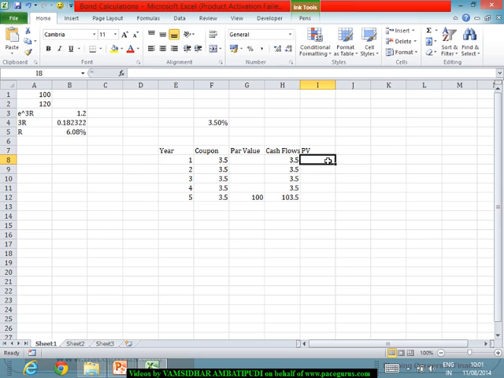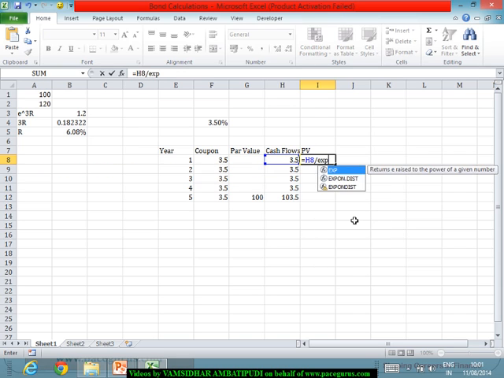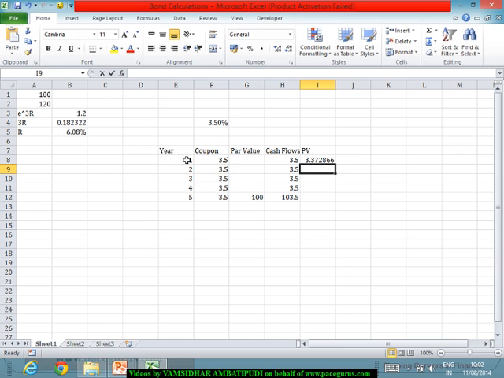So the present value, for this cash flow, I'll discount by e to the power of 3.7% multiplied by 1. Similarly, I can do 3.5 divided by e to the power of 3.7% multiplied by 2, and so on.